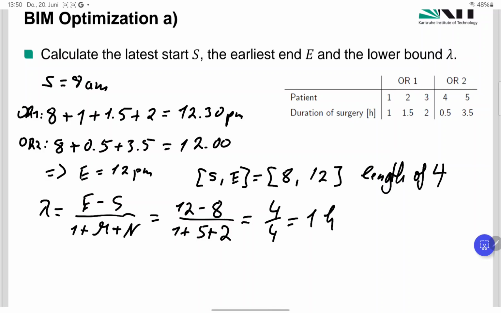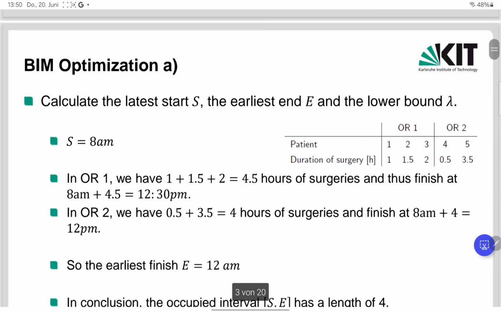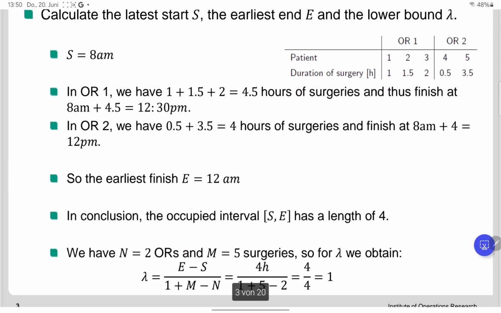That means we should assign the patients in such a way that every 1 hour one surgery ends and we can fit in an emergency patient. So we have break-in moments every 1 hour. This was the first task.